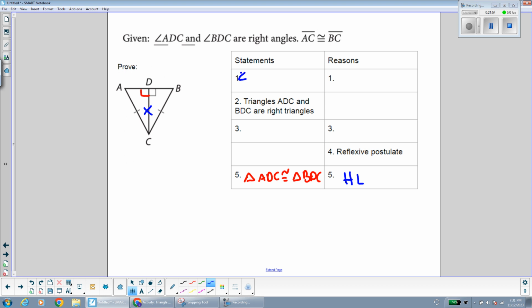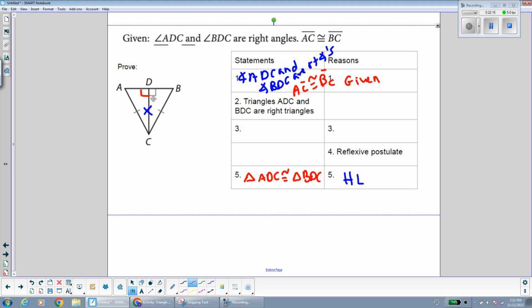Our givens are angle ADC and angle BDC are right angles. And we're also given that AC is congruent to BC. So that's my given. Then it tells us that triangles ADC and BDC are right triangles.